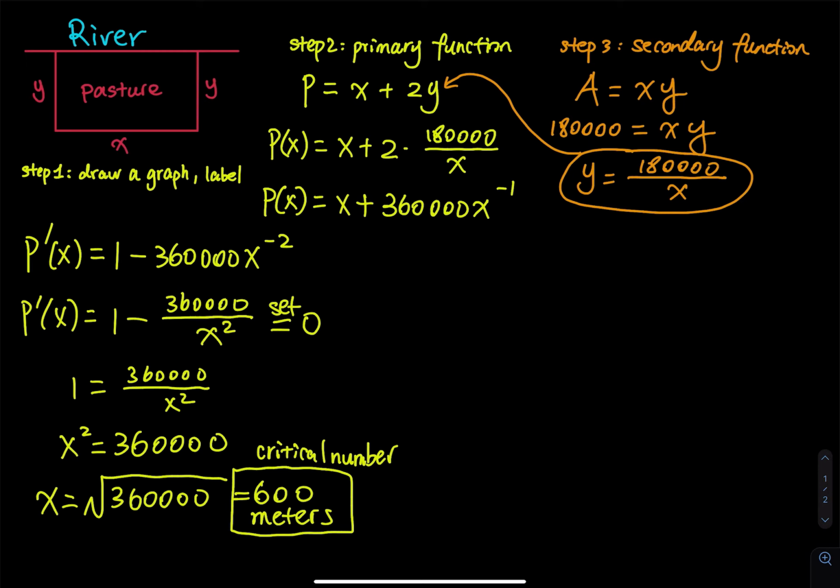So this one, I will be using the second derivative test. What we just did is step 3, and then this is called step 4. So step 4 is the derivative and the critical number. And then step 5, you have to prove the min and max.